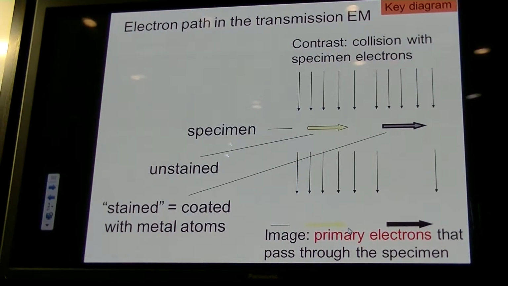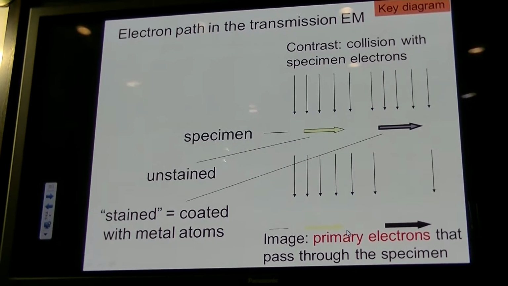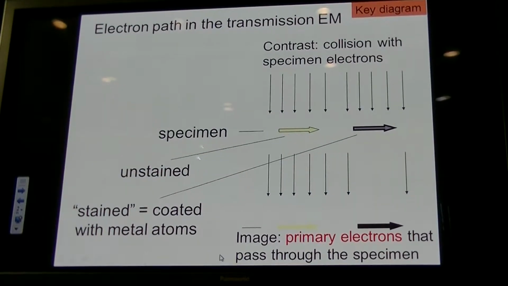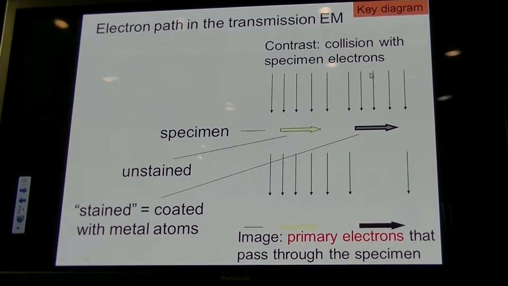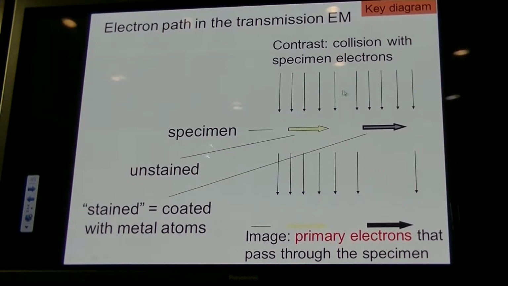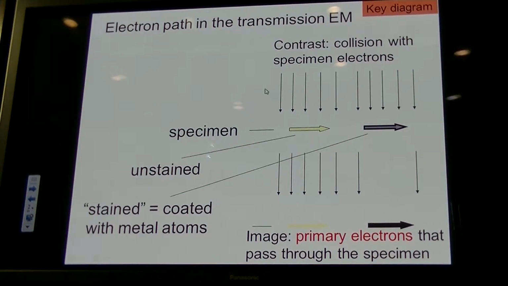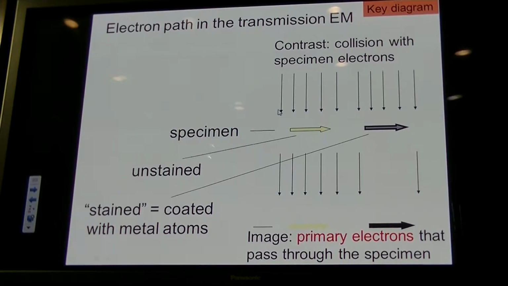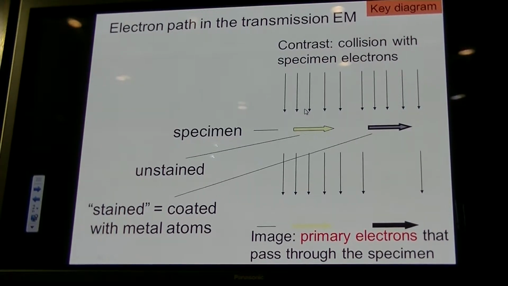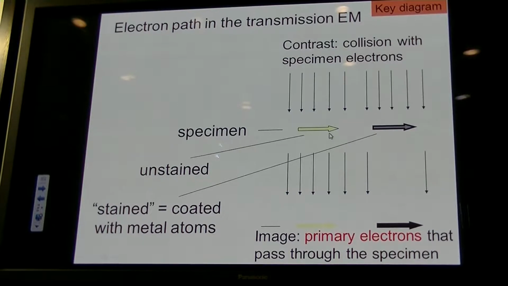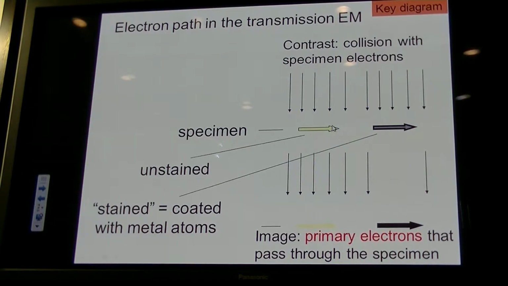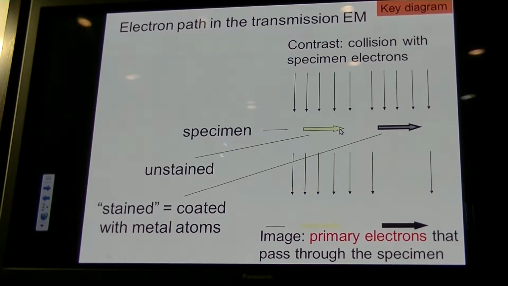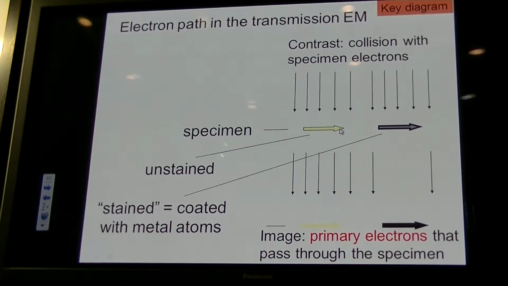Okay, so how is the image formed? That is, I think, important that you understand what's going on. So let's just imagine we have these arrows representing electrons that are focused on our specimen. And here's our specimen. If we just have a piece of biological material, indicated here by my arrow, then all of the atoms in there are of low atomic number.